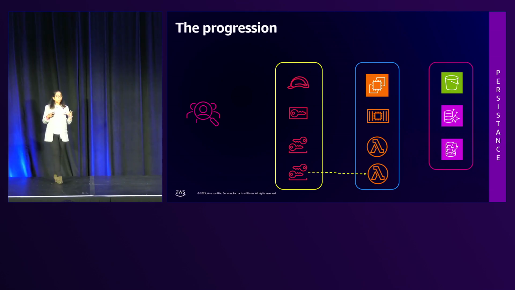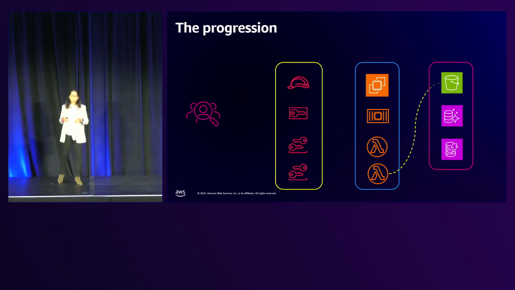With those new permissions that they have set up, the threat actor is now able to establish persistence. They're able to set up compute resources, say an AWS Lambda function, give it permissions to access your data stores, your S3 buckets, your DynamoDB tables, or your RDS databases. And of course, through the Lambda function, they're able to pull that data out.